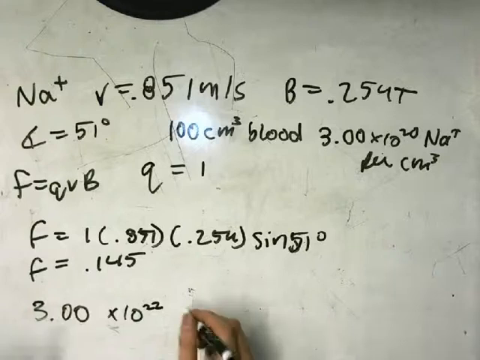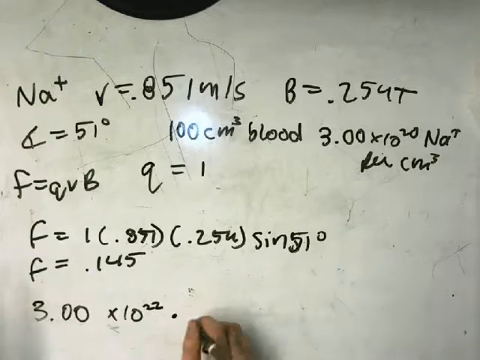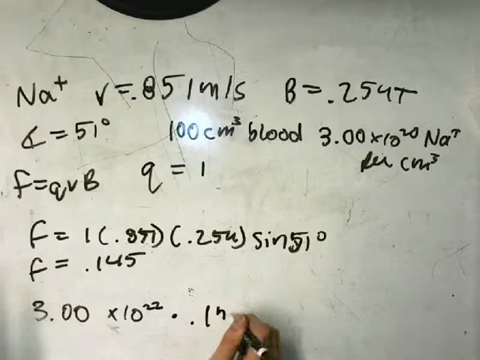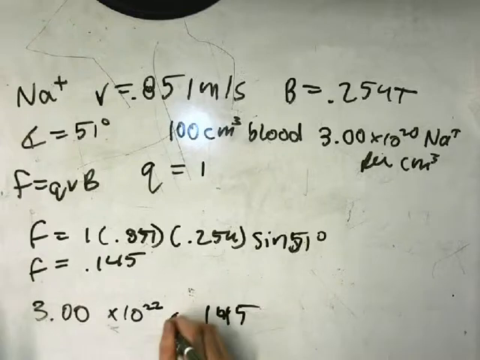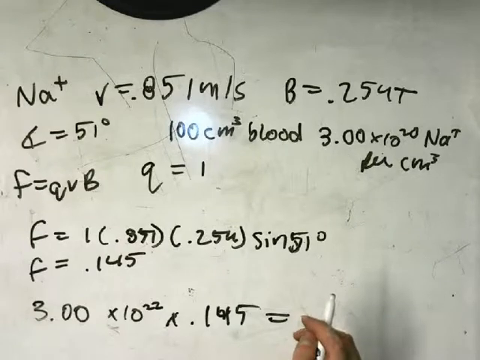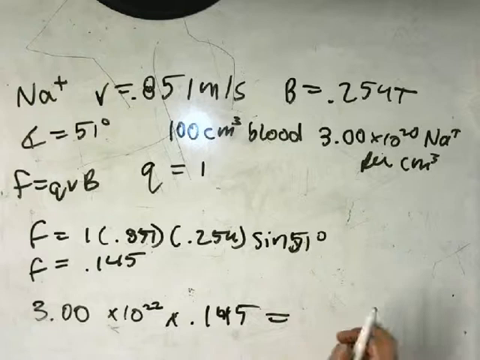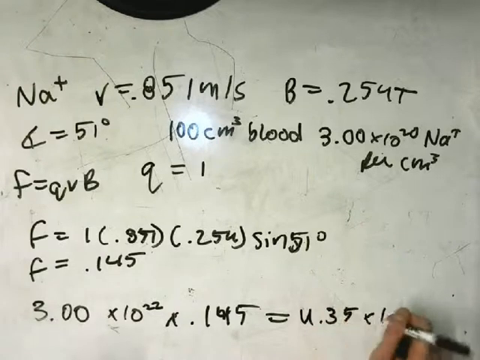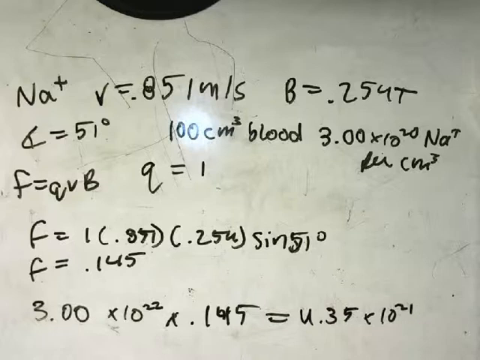We multiply that by the force per one ion, 0.145, and that equals 4.35 times 10 to the 21st as the force in newtons.